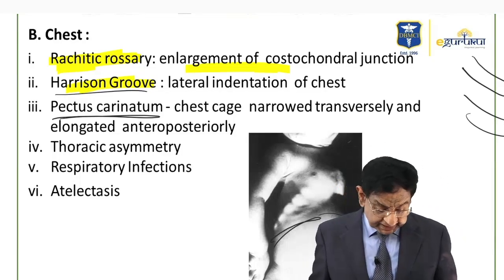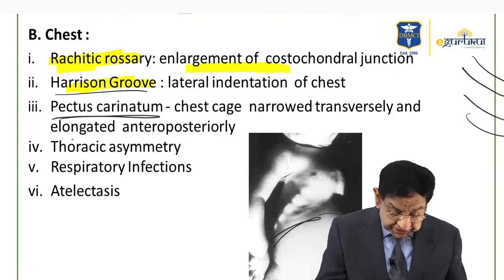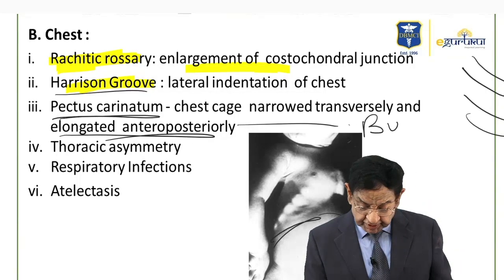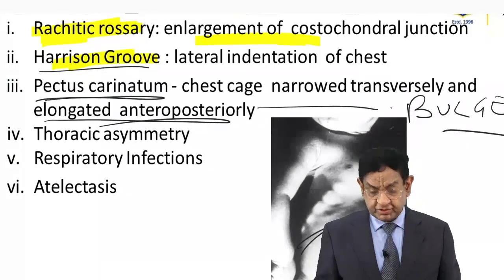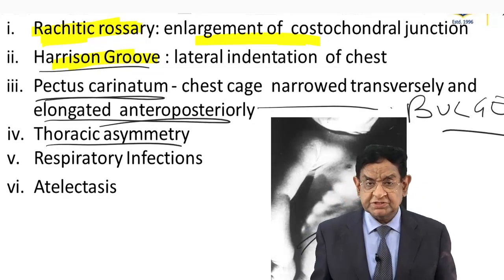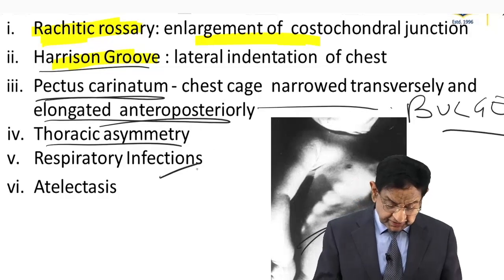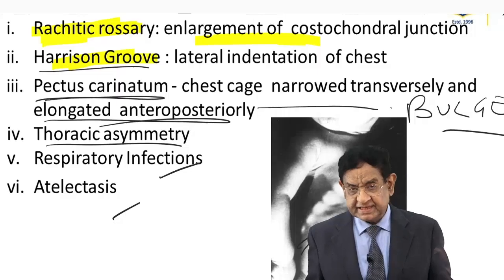It could be pectus carinatum, where the chest bulges outward, and there can be thoracic asymmetry. Since there is a problem in the chest wall, these patients are prone to recurrent chest infection, and due to recurrent chest infection, atelectasis can occur.